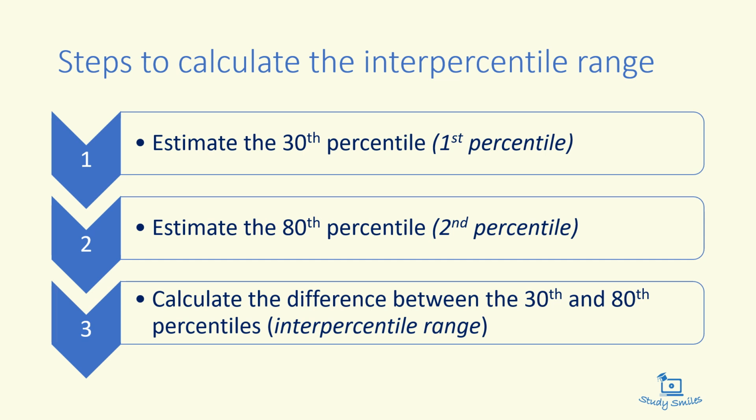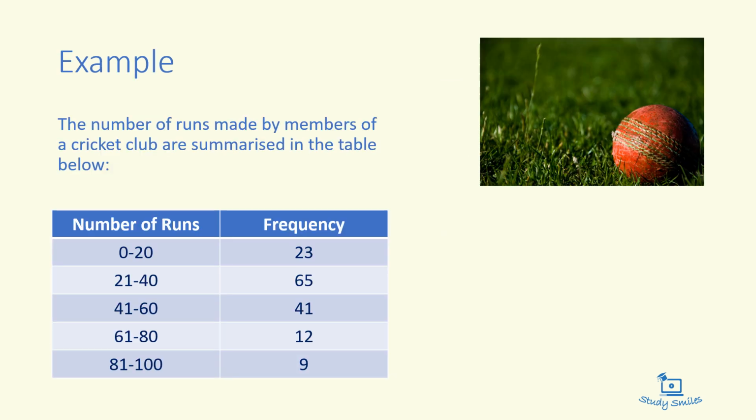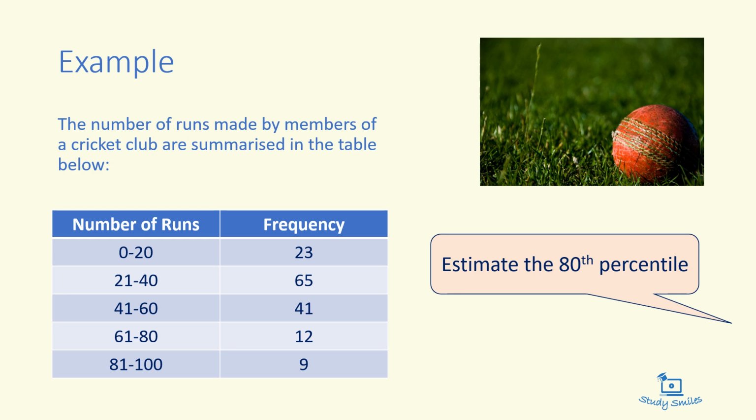Returning to the steps we need to carry out to calculate the interpercentile range, we have completed step 1 by estimating the 30th percentile. For step 2, we need to estimate the 80th percentile. Pause the video and have a go at calculating the estimate for the 80th percentile yourself.